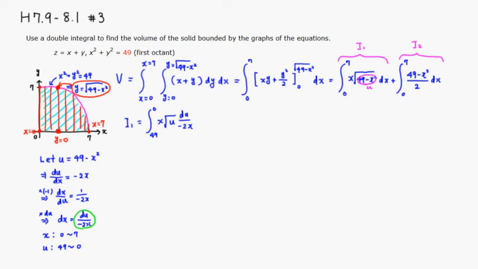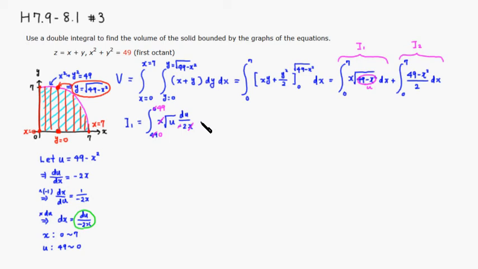Right? Then we can cancel x on top and x on the bottom. And there's a negative sign. I'm going to use this to switch the lower limit and the upper limit, right, so that it looks a little bit better.